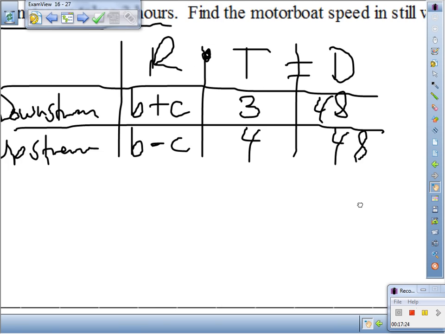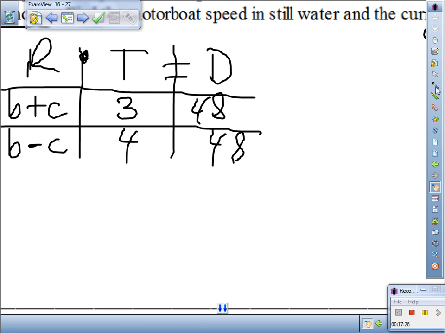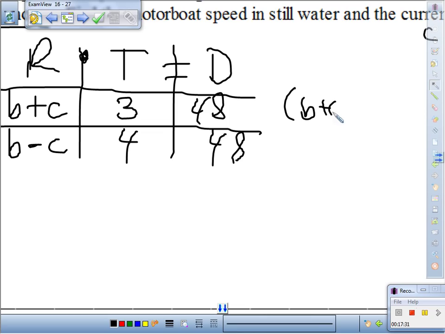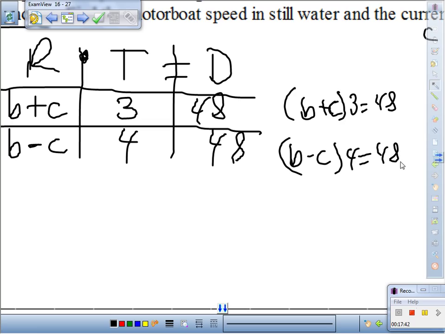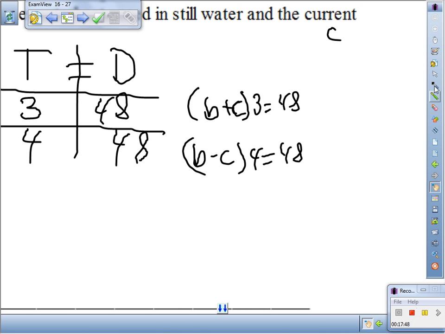So now we can make our equations on the side. First equation, B plus C times 3 equals 48, and B minus C times 4 equals 48. All right, next, I'm going to get rid of the, oh, that was C for current.